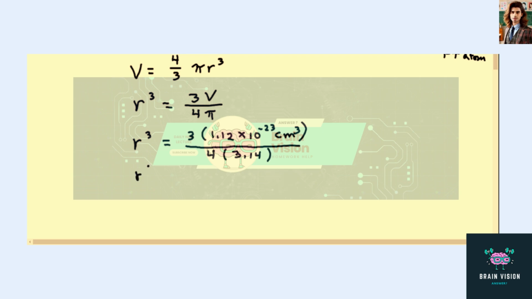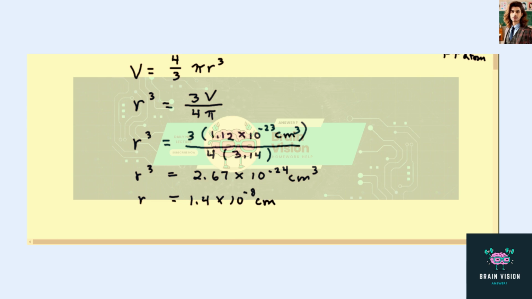This gives me a radius cubed of 2.67 times 10 to the negative 24th centimeters cubed. All right, but I just want r. I don't want r cubed, so I'm going to take the cube root of both sides using my calculator. I will get that r is equal to 1.4 times 10 to the negative 8 centimeters.